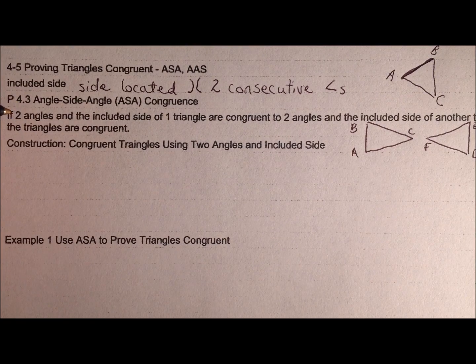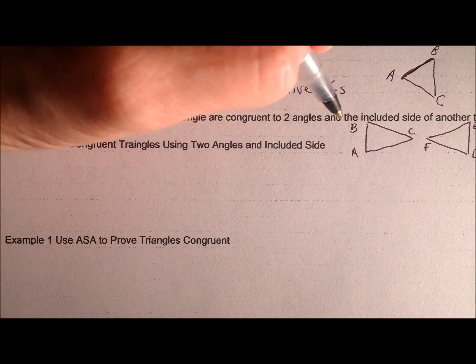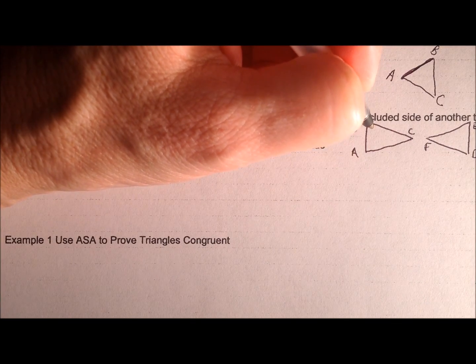We're going to use that in this first postulate, postulate 4.3, which is angle side angle congruence, ASA. If two angles and the included side of one triangle are congruent to two angles and the included side of another triangle, the triangles are congruent.